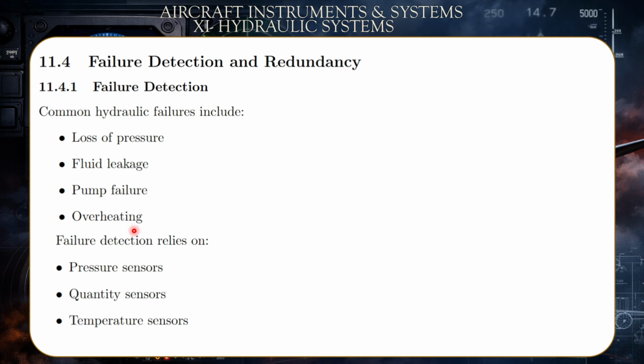And overheating, which can degrade the chemical characteristics of the hydraulic fluid itself. Now, failure detection relies on pressure sensors, quantity sensors, and temperature sensors. These are the three most important sensors within the system.